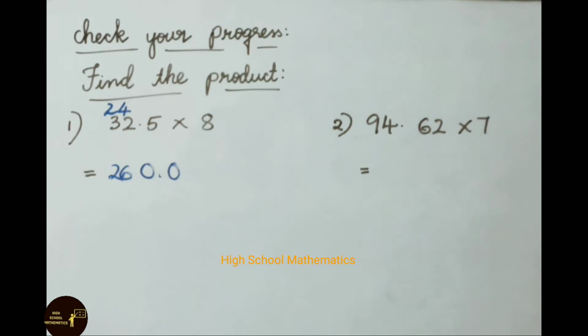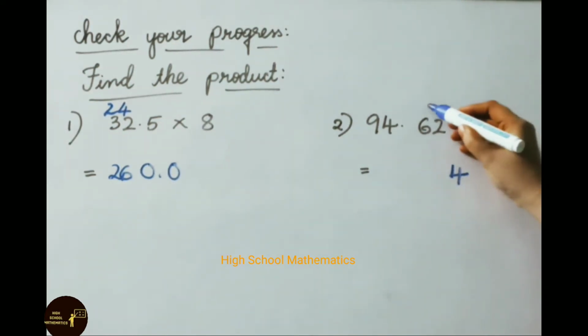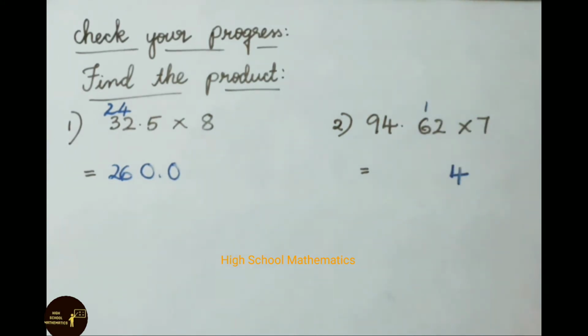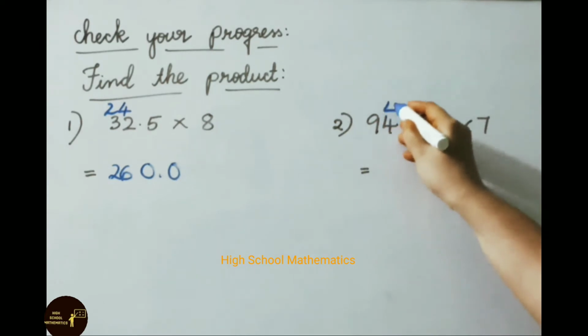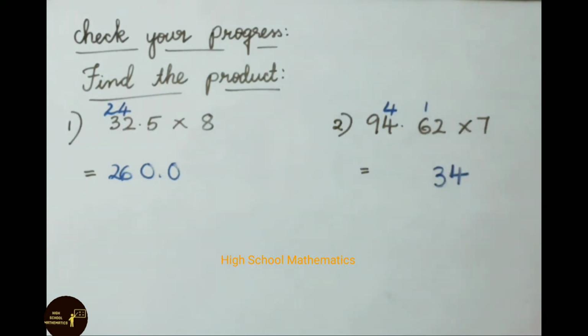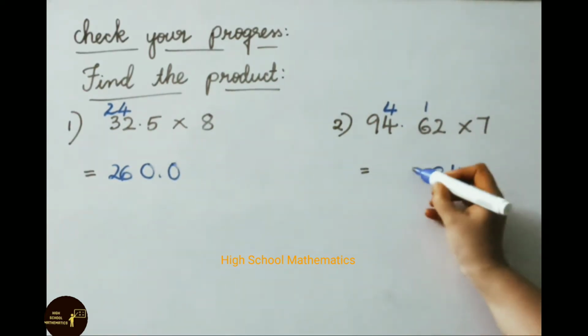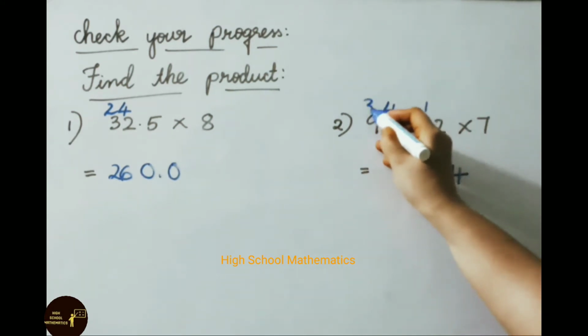See now second sum, 94.62 multiplied by 7. Let us do multiplication. 7 2s are 14. So write down 4, carry 1. 7 6s are 42 plus 1, 43. Write down 3, carry 4. 7 4s are 28 plus 4, that is 32. Write down 2, carry 3.